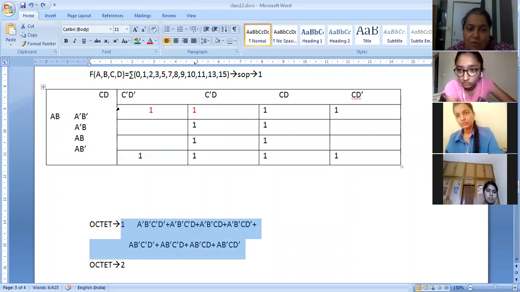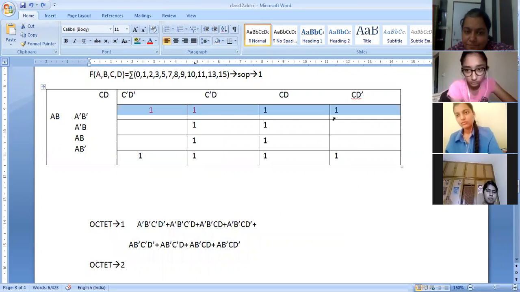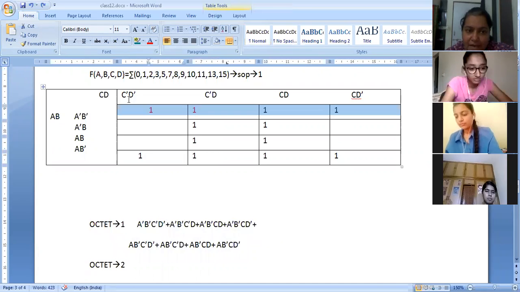You have these four ones. Here D bar and D will nullify each other. Let me find a simpler way for this whole row, A bar, B bar.